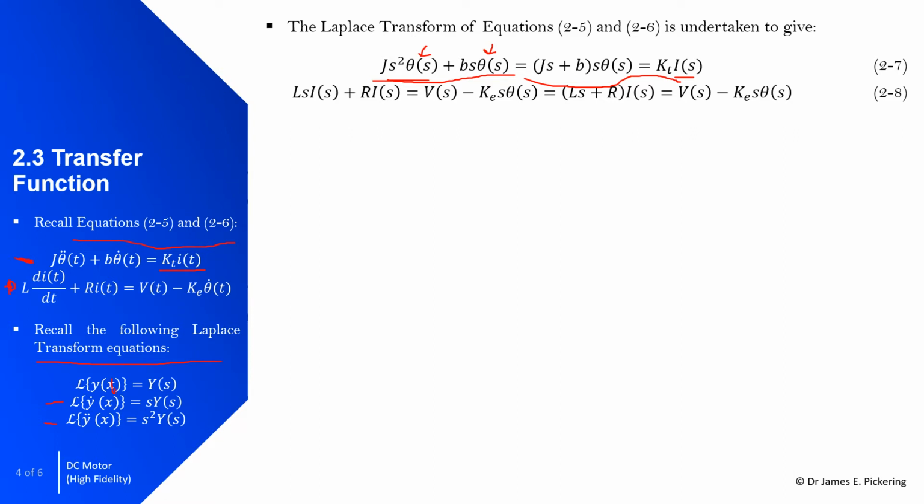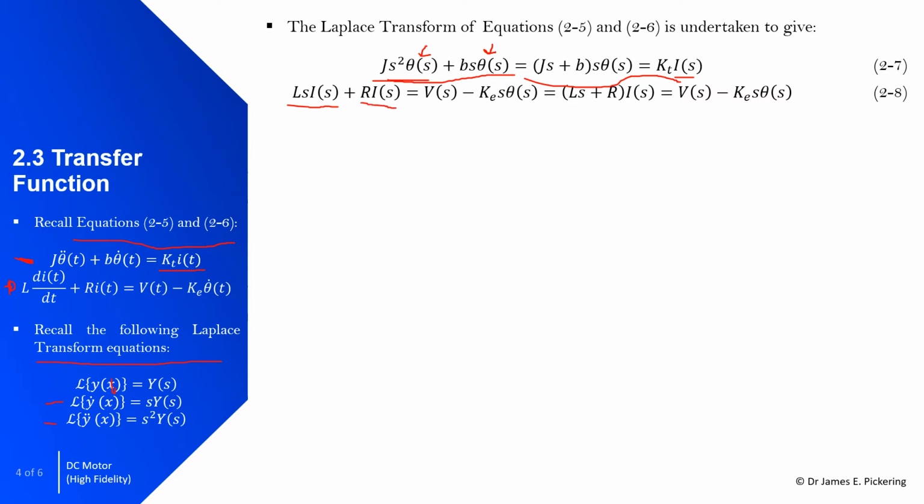But again, don't get too worried about that. So you can see here L is going to become s, and because here we've got i of t, this becomes capital I of s. And then plus R i of t, where i here becomes capital I of s.